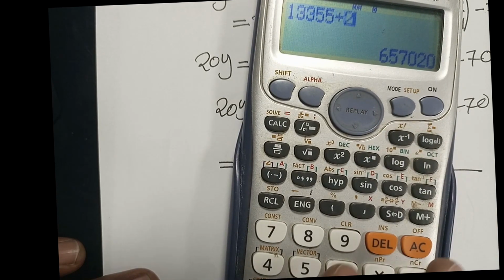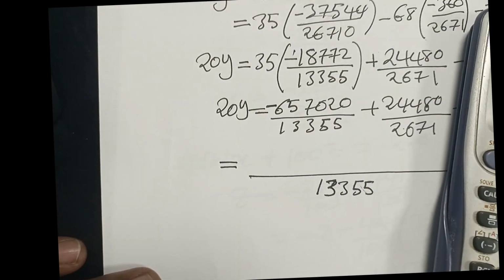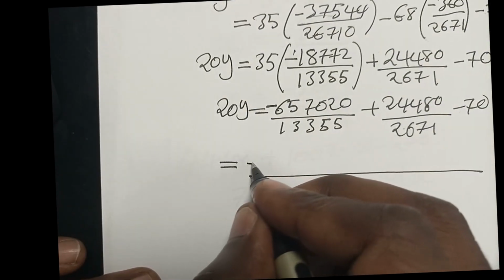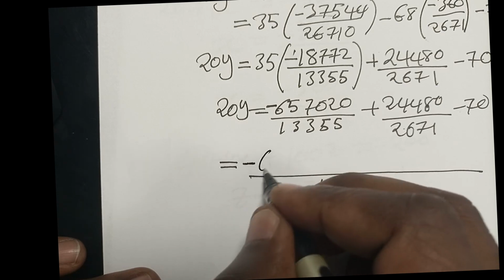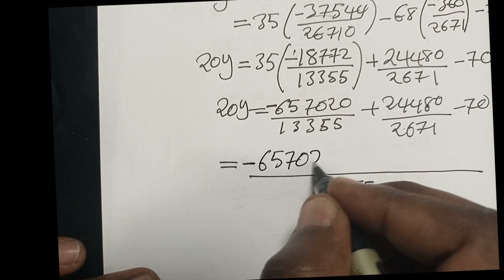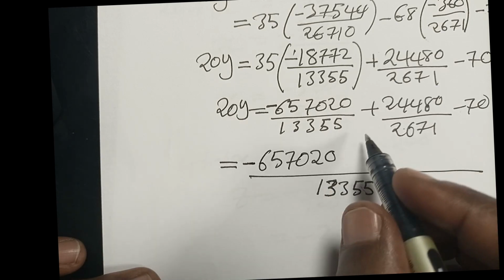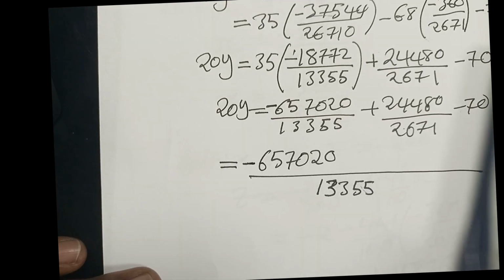13355 divided by 2671, you get 5. So here we're going to have negative 657020, then this times 5.